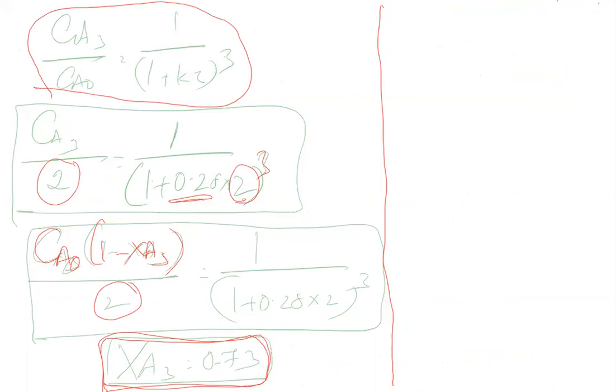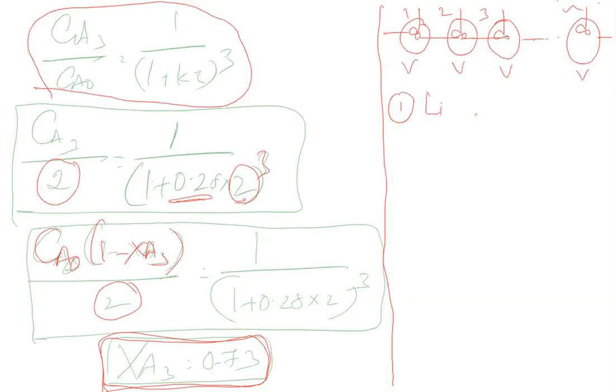Now, can you extend this shortcut to multiple reactors? Suppose I have N CSTRs of volume V each, this is 1, 2, 3 up to N CSTRs. Suppose I am doing a liquid phase reaction.